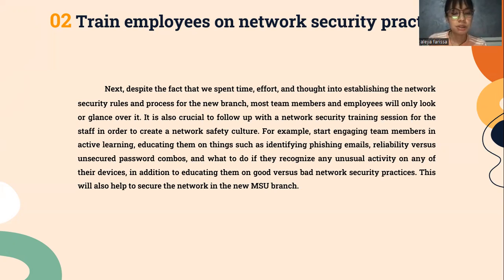Train employees on network security practice. Next, despite the fact that we spend time, effort, and thought into establishing the network security rules and process for the new branch, most team members and employees will only look or glance over it.